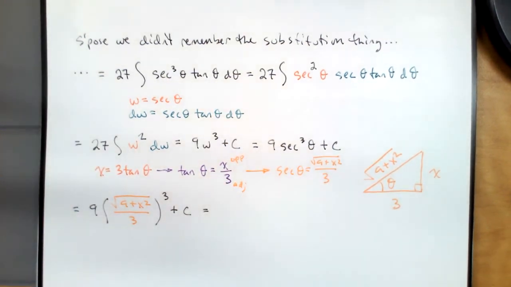And if we simplify this, I've got 9 divided by 3 to the third, so that's going to be a 1/3. And the square root of 9 plus x squared to the third power is going to be 9 plus x squared to the 3/2 power. Read that radical as a 1/2 power.